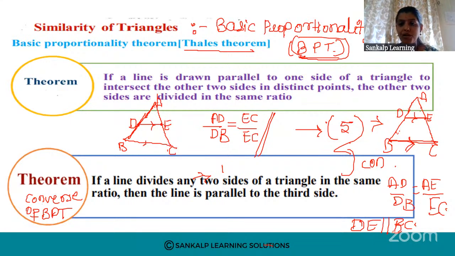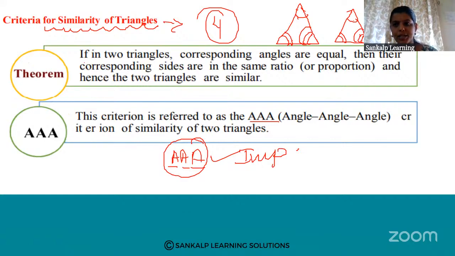And the converse of BPT: if a line divides any two sides of a triangle in the same ratio, then the line is parallel to the third side, right? This is also very important. We also discussed some criteria, that is the AAA criteria, the angle criteria.